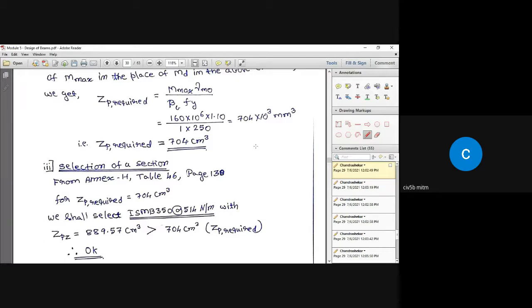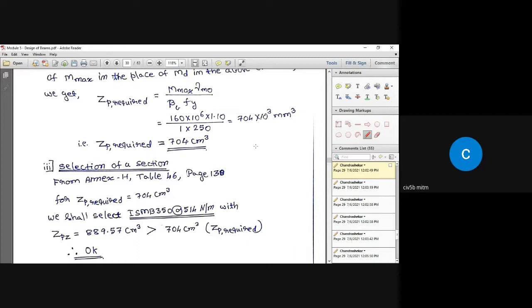Okay, so go to page number 138 of the code book. On page number 138, come to the rightmost columns. From the rightmost column, look at the second column, which says plastic modulus ZPZ.